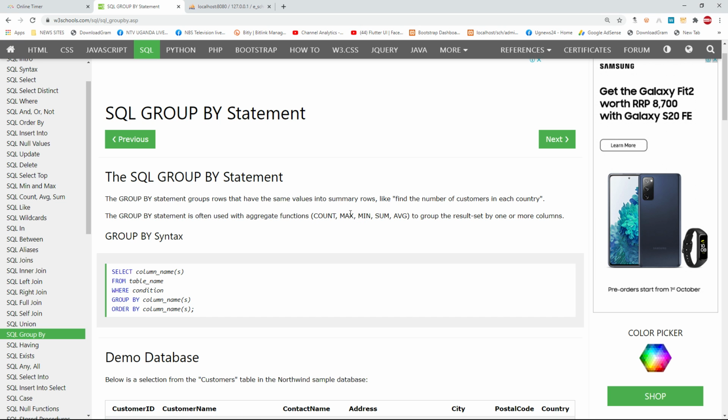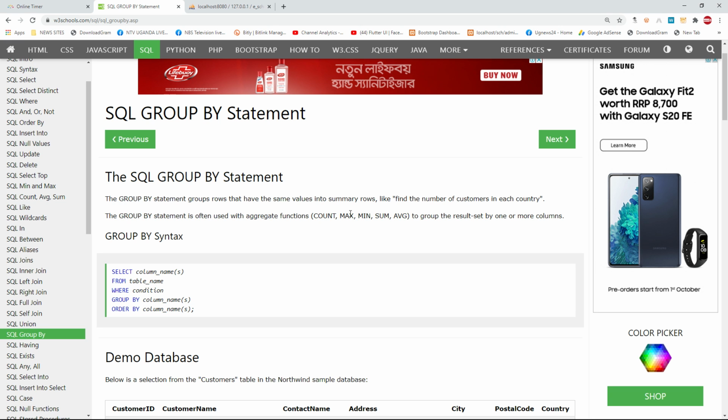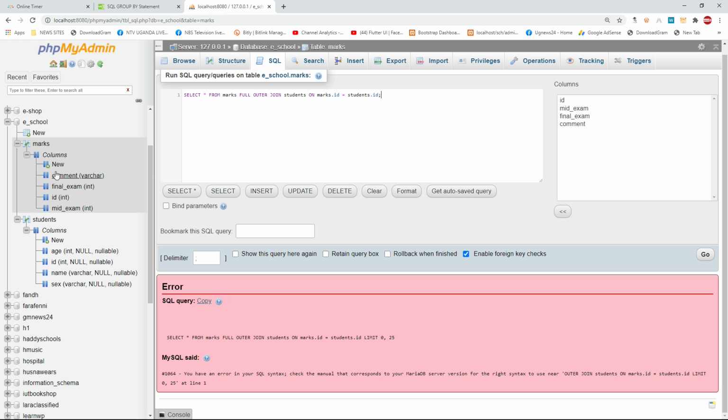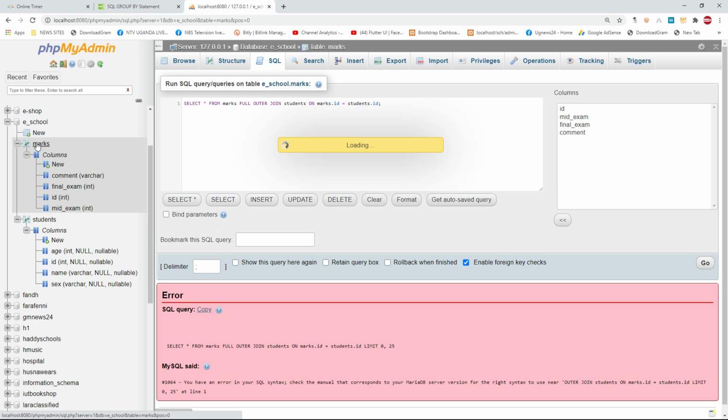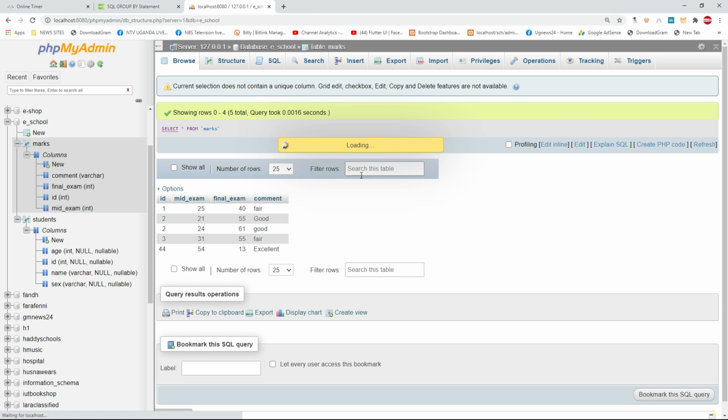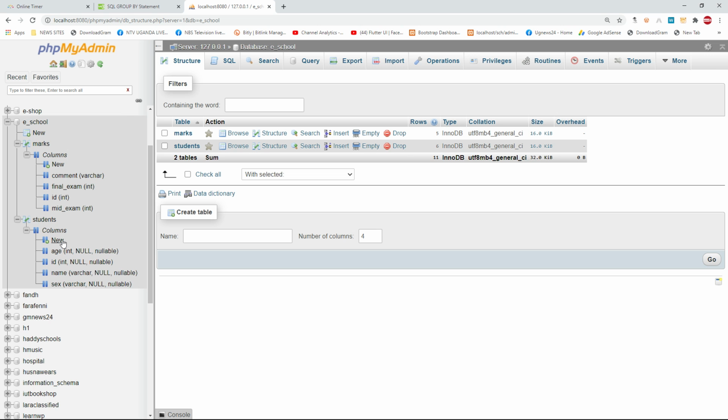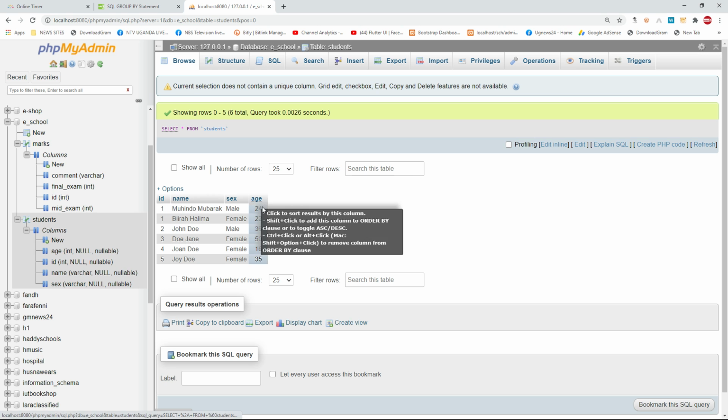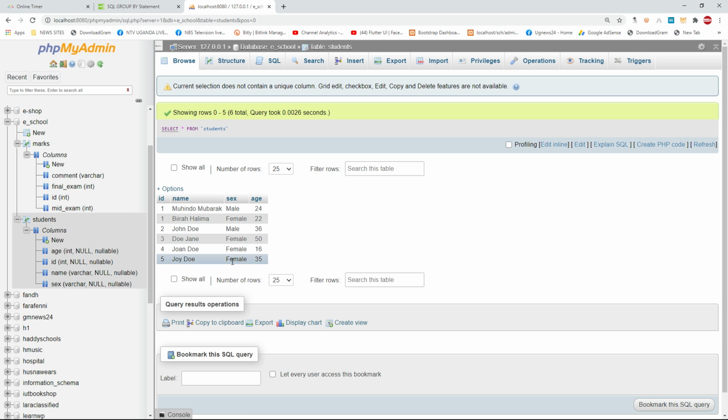But in simple terms, we use group by to group elements and not to form duplicates. For example, I want to select only students, and I want to group them.